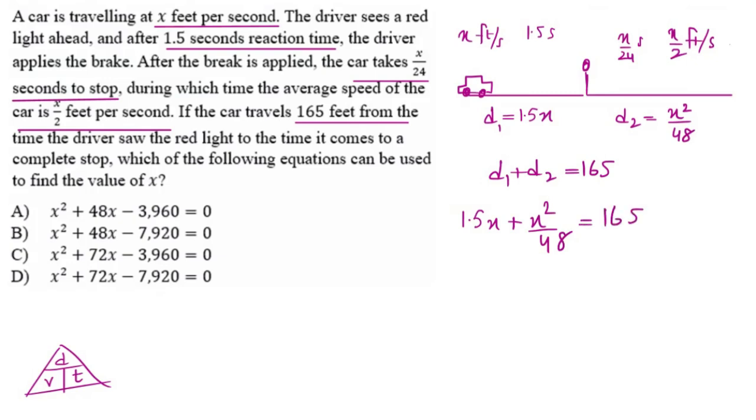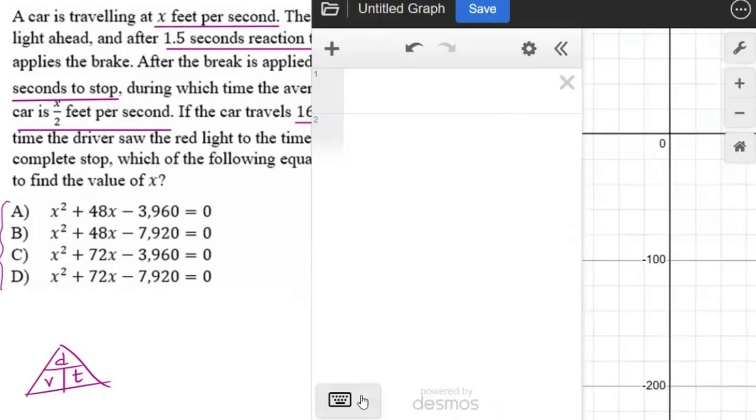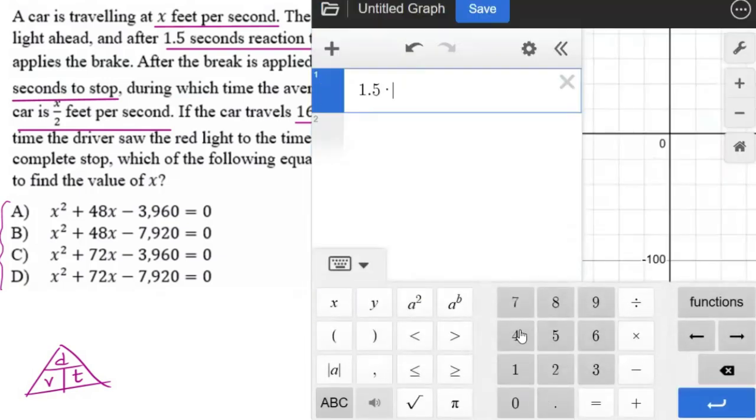Okay, so let's see which one is the correct one. I can see that in all of the options in the answer space, x squared has no coefficient. So the best thing I can do right now is multiply this whole equation by 48. So what is 1.5 times 48?